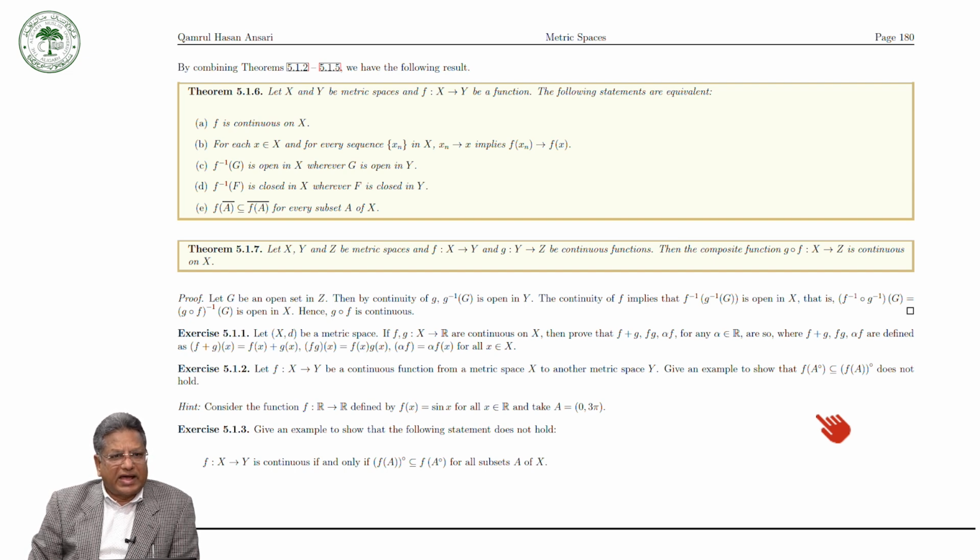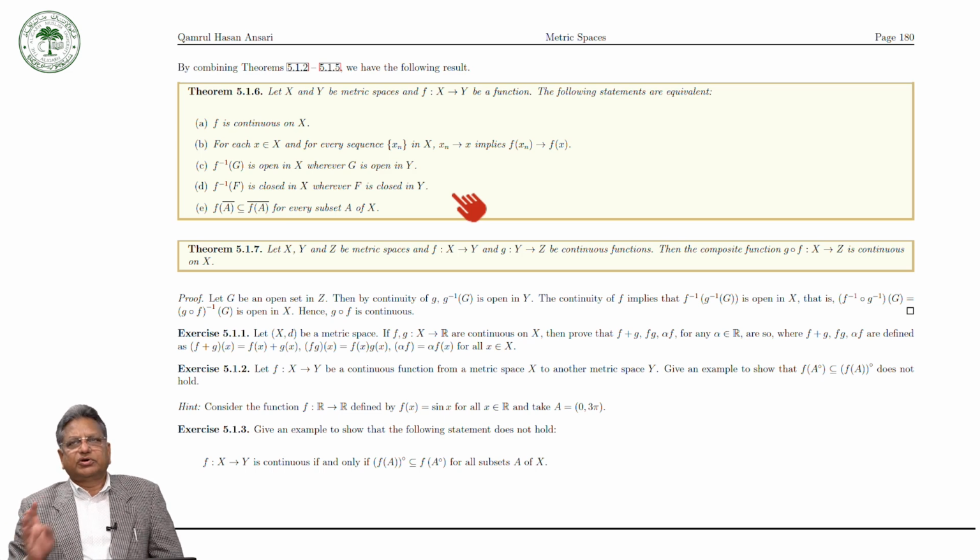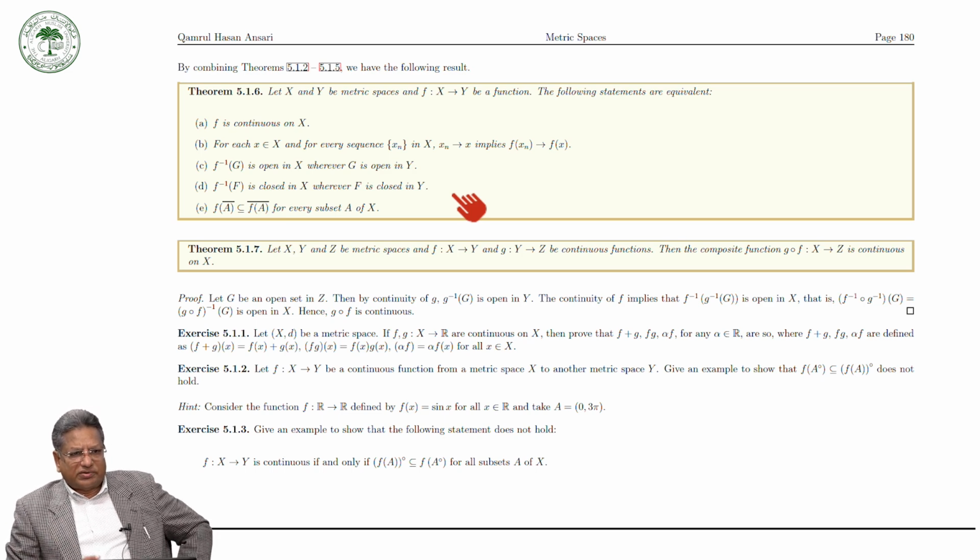That is to say, F is continuous on X if and only if for every sequence Xn converging to X implies F of Xn converges to F of X, if and only if the inverse image of an open set is open, if and only if the inverse image of a closed set is closed, if and only if the image of the closure of A is a subset of the closure of F of A for all subsets A of X. So these are the characterizations of continuous functions in terms of sequences, closed sets, and open sets.